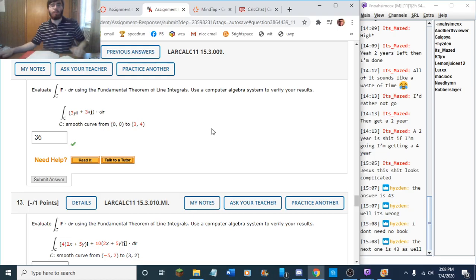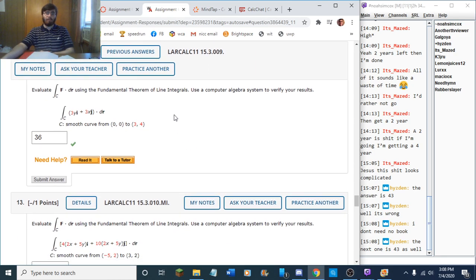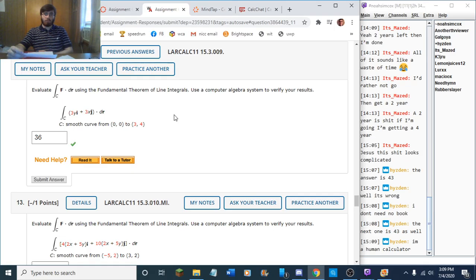It's hard to argue with, this is coming directly from the textbook. Actually, no, it's not exactly directly, but that's just what it is. You are a human calculator. Huh.